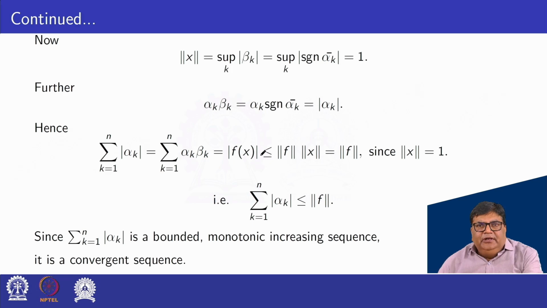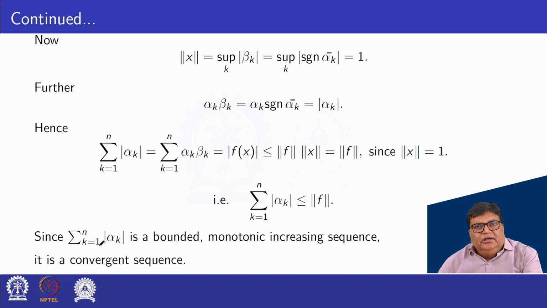And f is a linear functional, so mod of f of x is less than or equal to norm f into norm x. Here norm x is equal to 1, so that mod f of x is less than or equal to norm f. That is, summation k equals 1 to n mod alpha k is less than or equal to norm f.